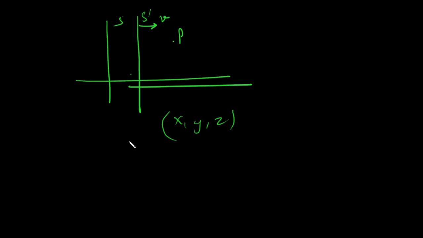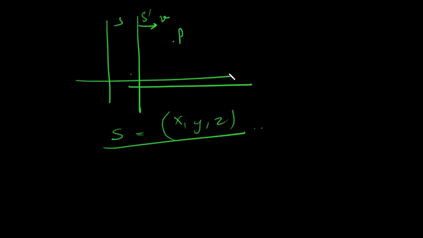So this was S. Say S dash is an inertial frame, for example like this. If S dash is an inertial frame, either S dash is moving with a constant velocity, or S dash is at rest. Suppose S dash is moving with a constant velocity v. The particle was here. From S the particle P had coordinates x, y and z, but this was the coordinate with respect to S. But what will be the coordinates with respect to S dash?